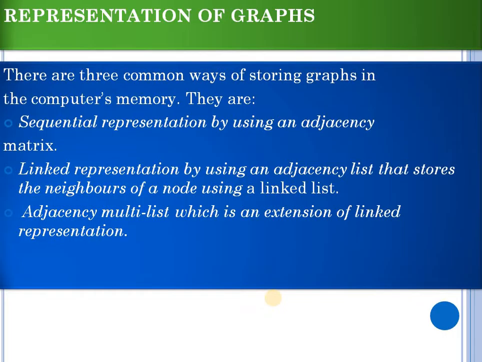Third is the adjacency multi-list, which is an extension of the linked representation. So the three ways to store a graph in computer memory are the adjacency matrix, the adjacency list, and the adjacency multi-list.